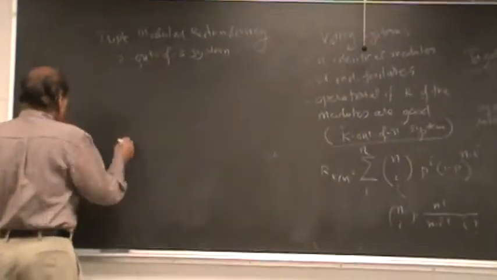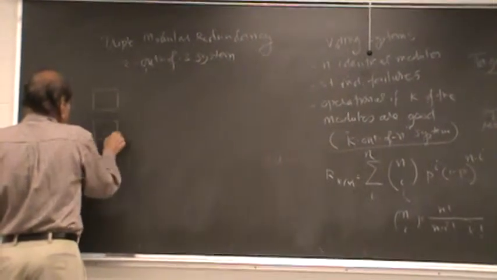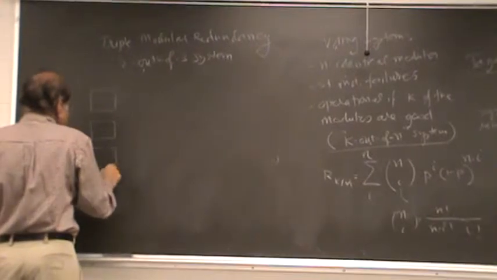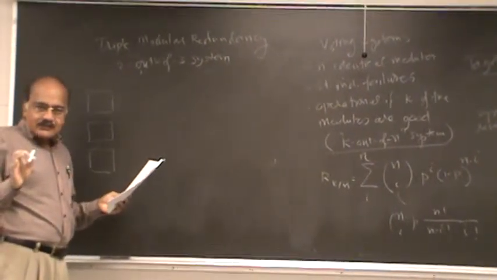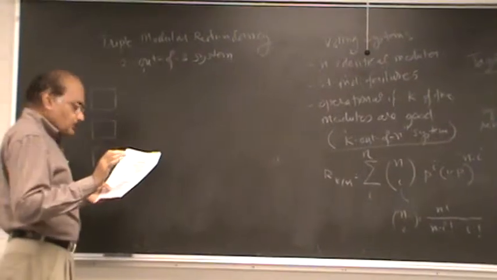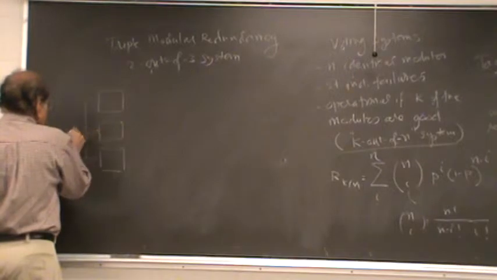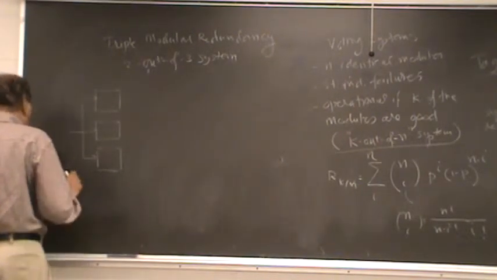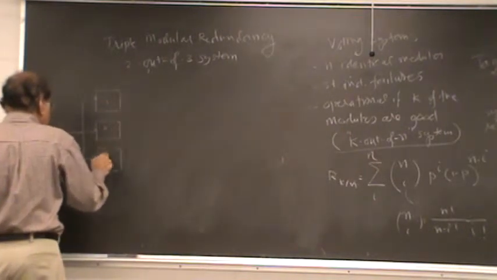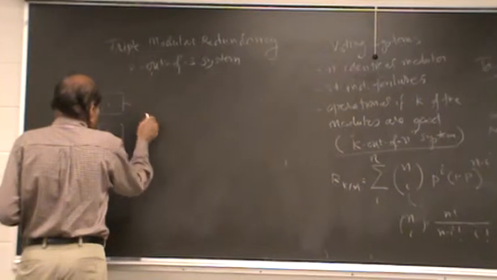You have 3 units, and they are running the same process, and they're functionally identical. In other words, they are getting the same inputs. So each of them is doing exactly the same thing. And here is the output.